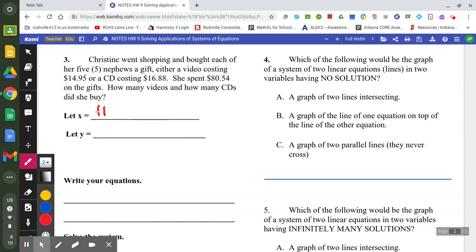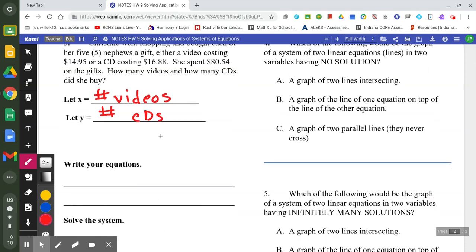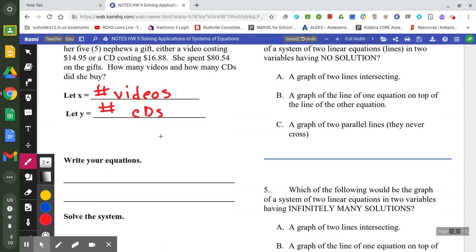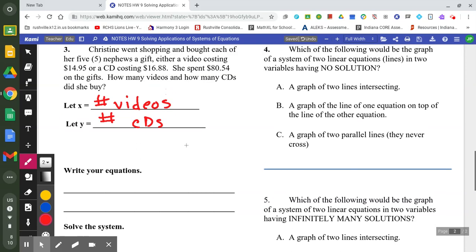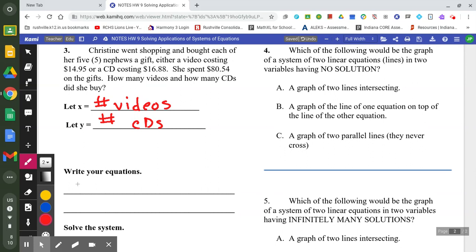So we can say that X is the number of videos and that Y is the number of CDs. So then our equations. So we know that she bought a total of 5 because she bought enough for 5 of her nephews. So we don't know how many of each. So X plus Y equals 5.